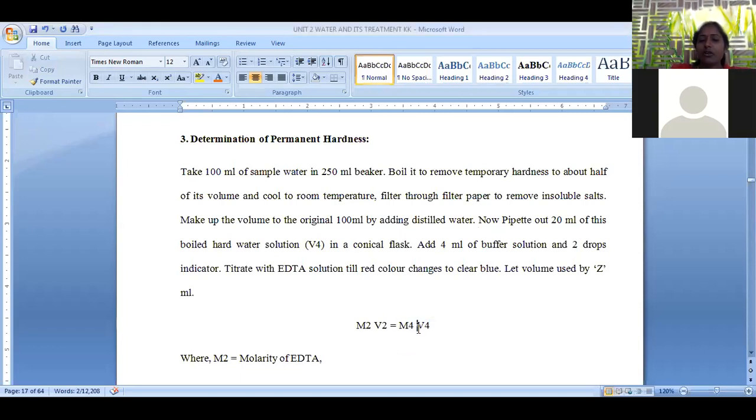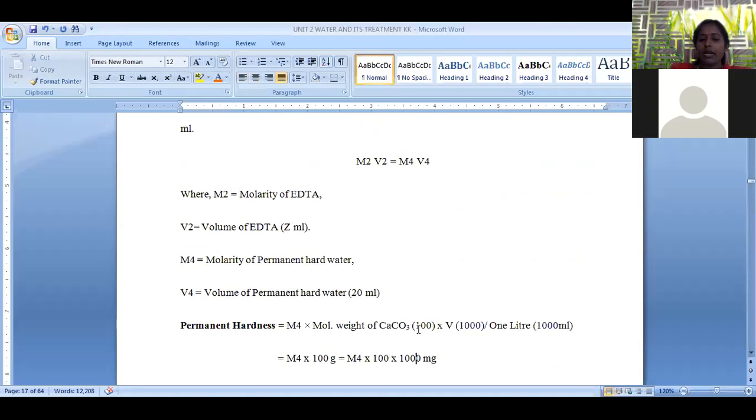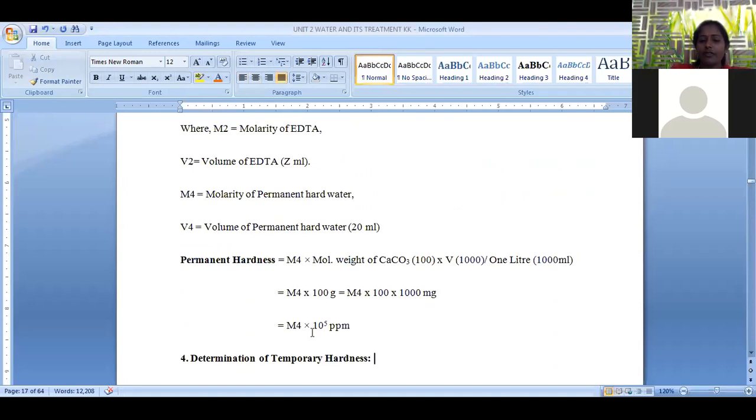So in this way, molarity is calculated. Simply we can convert molarity into weight by multiplying with 10 to the power of 5. Because 100 is the molecular weight of calcium carbonate, and 1000 is the multiplication factor to convert that gram value into milligram per liter, which is exactly equal to ppm.